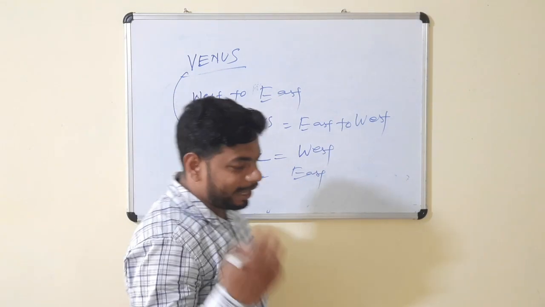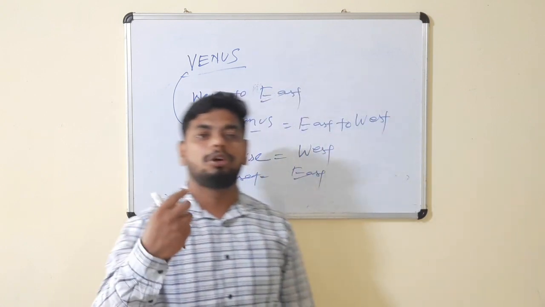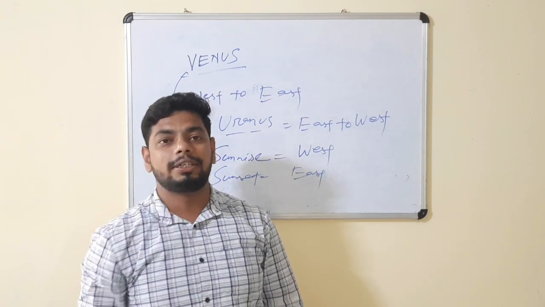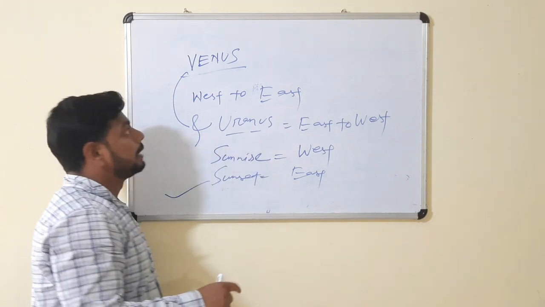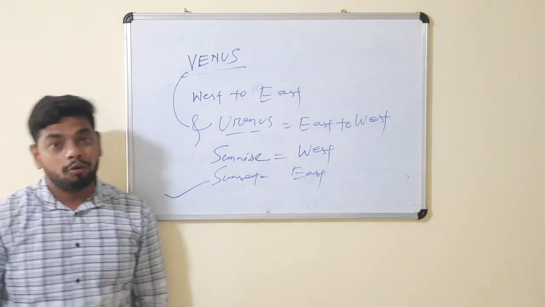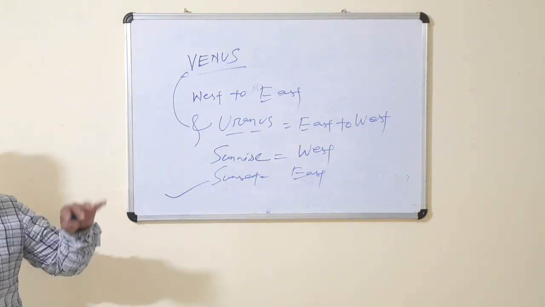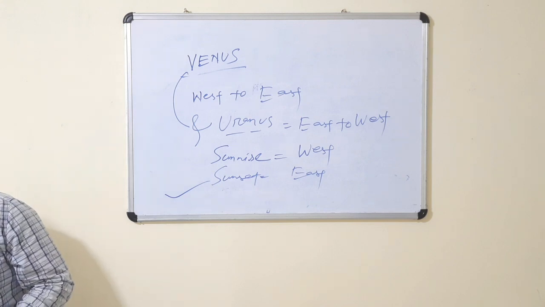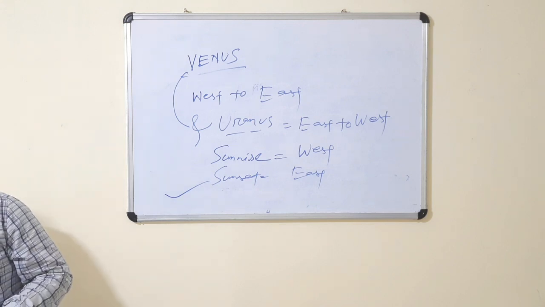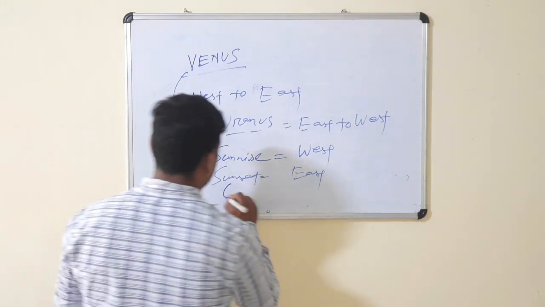Another thing, like Mercury, which is named after the Roman god, the god of messengers, Venus is named after another Roman god, the goddess of love and beauty.